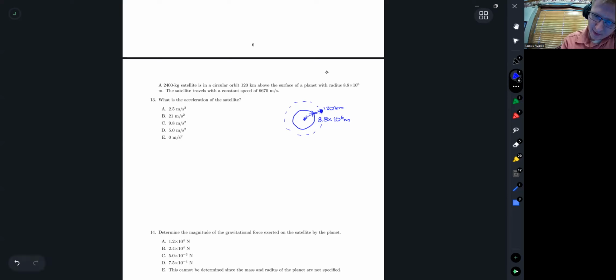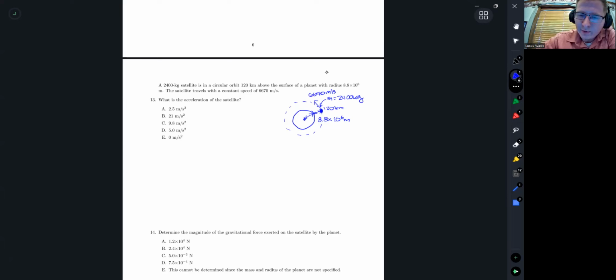So that's our satellite right there. And it's got a mass of 2,400 kilograms. And it's traveling with a constant speed of 6,670 meters per second. So it is in uniform circular motion because it's traveling at a constant speed.